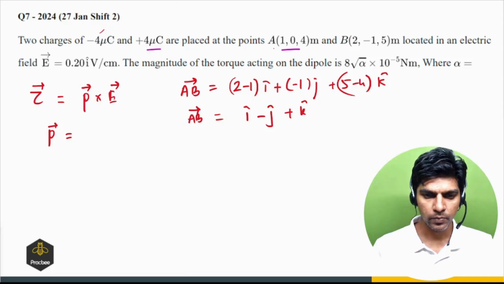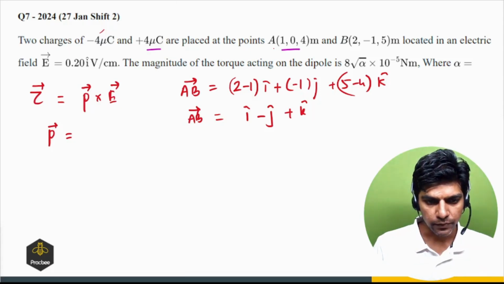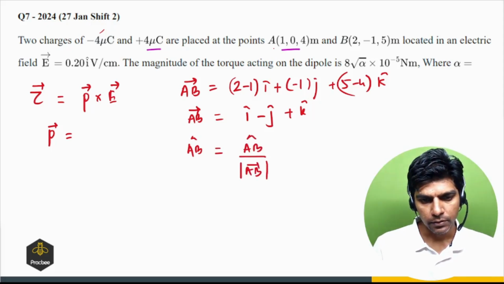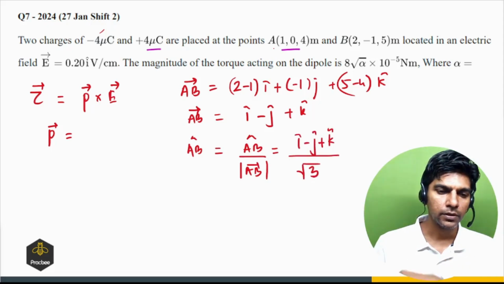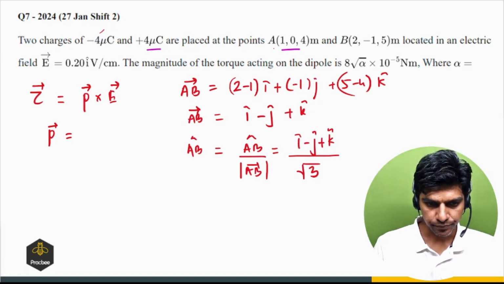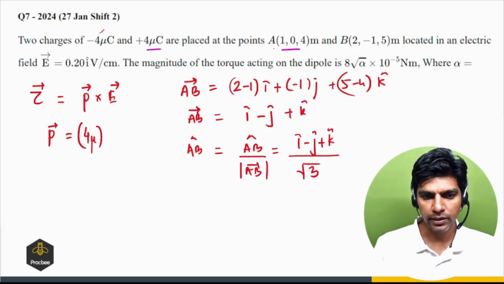So unit vector in the direction of AB will be given as AB vector divided by its magnitude. So i cap minus j cap plus k cap divided by root 3. So that is the direction. So we can say the dipole moment will be 4 micro, that is the charge, times the length of AB.